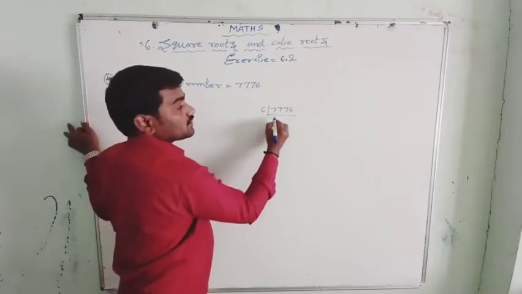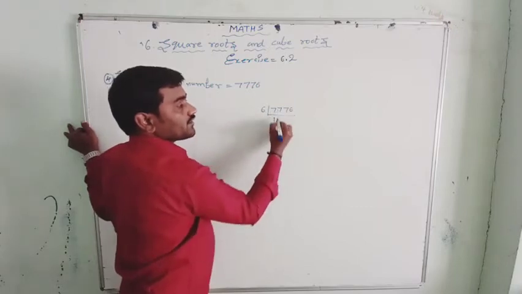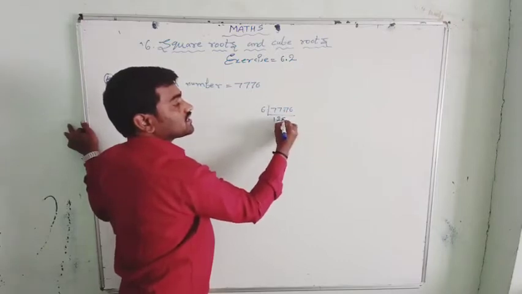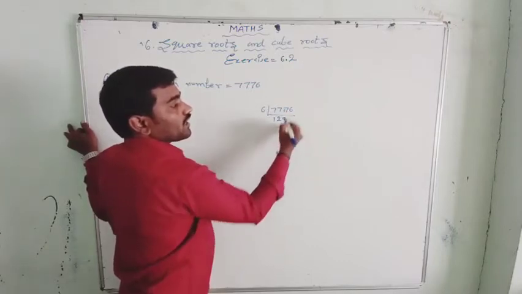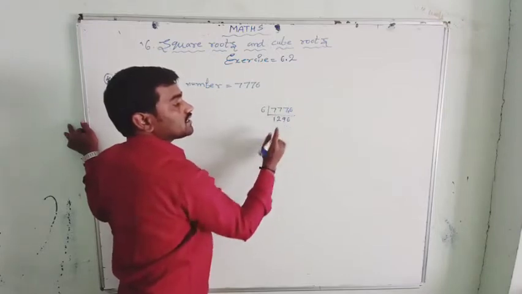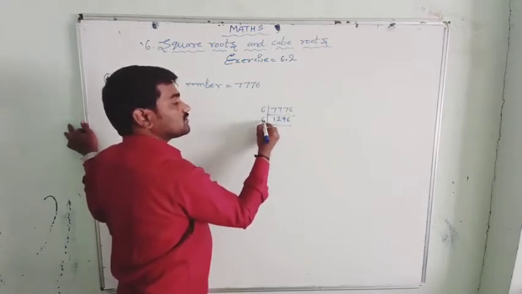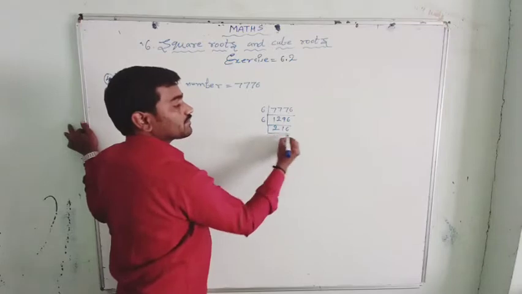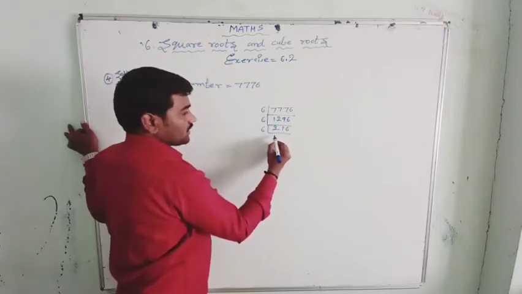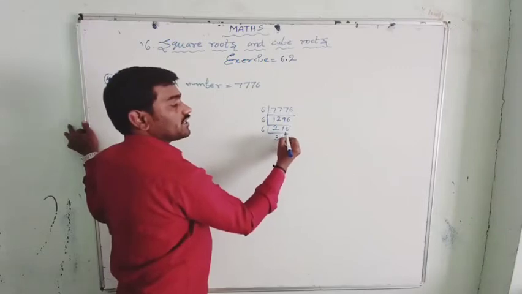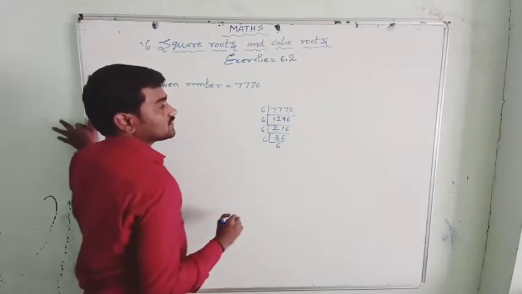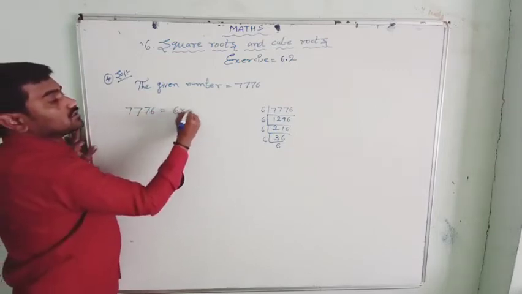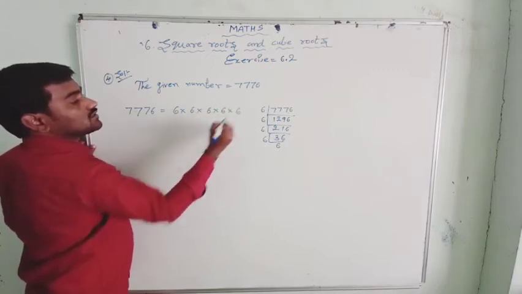It is possible in the 6 table. 6 ones are 6, 1 left. 6 twos are 12, so 5 left, 57. 6 nines are 54, and 3 left, that is 36. 6 sixes are 36. Again it is possible in the 6 table: 6 twos are 12, 6 ones are 6, 3 left, that is 36. Again the 6 table: 6 threes are 18, 3 left, 36, 6 sixes are 36. Let us write this: 7776 equals 6 into 6 into 6 into 6 into 6.